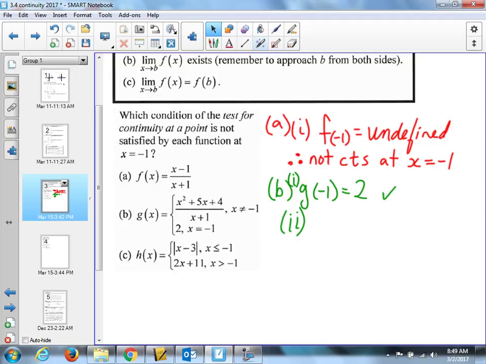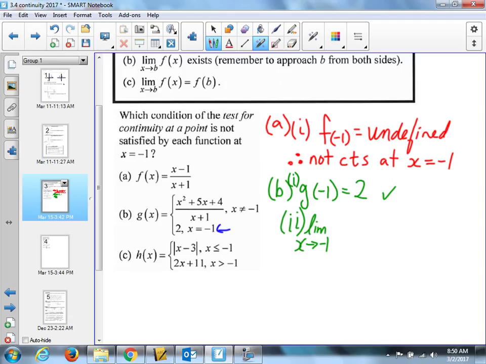Does the limit exist? The limit x approaching -1. Well, let's approach it from the right and the left, and then maybe we can do this all at the same time. We'll test it out. For g of x, which portion of g of x would we use?